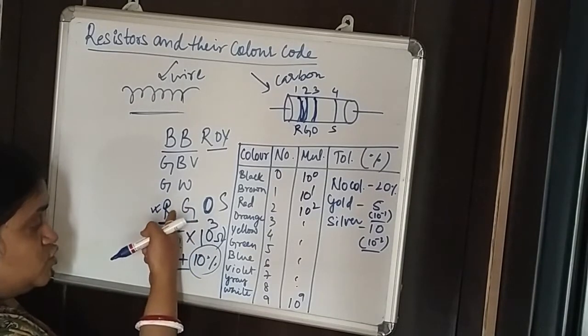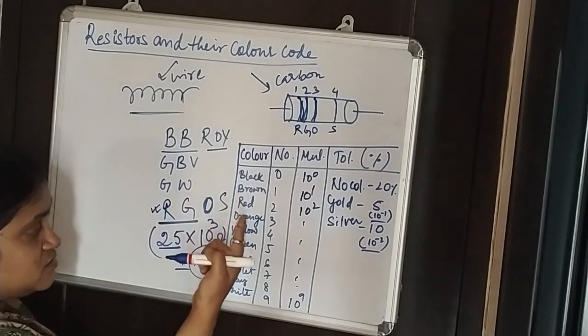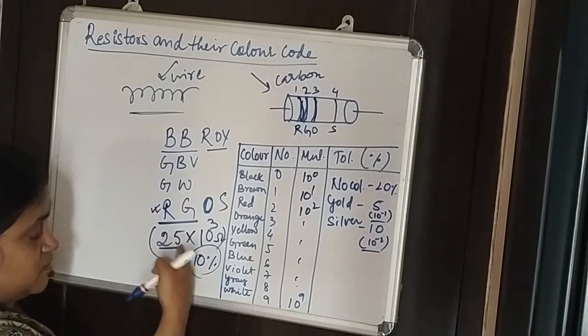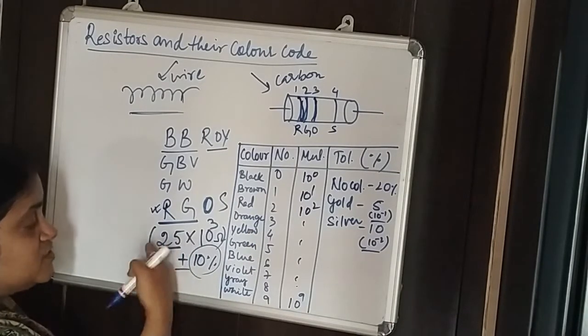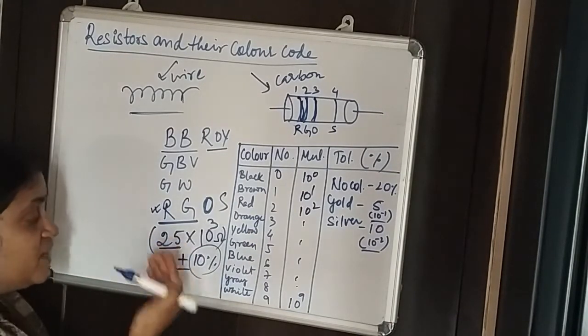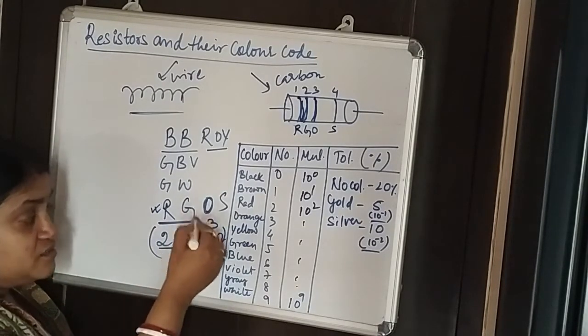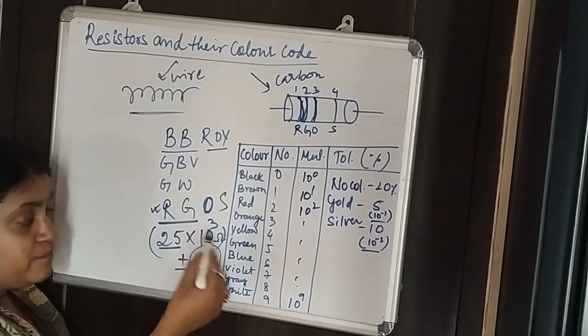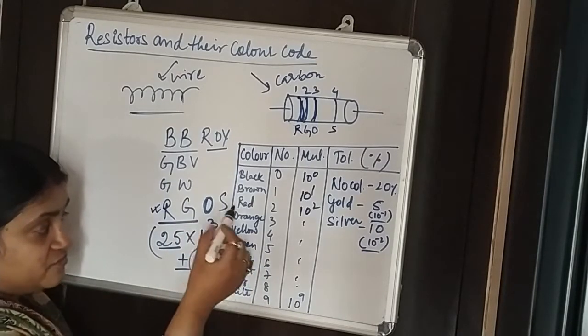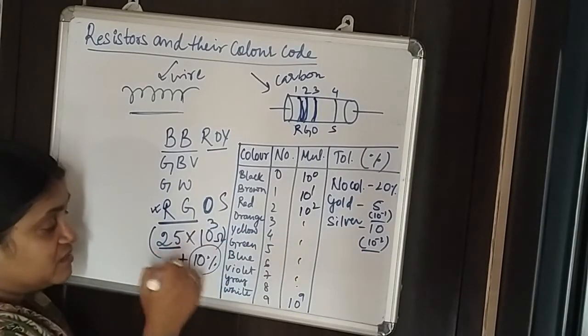The first one is 2 and the next one is 5, so you keep the two significant numbers, which is 25, and then the third band gives me the multiplier, orange, a multiplier of 10 to the power 3.